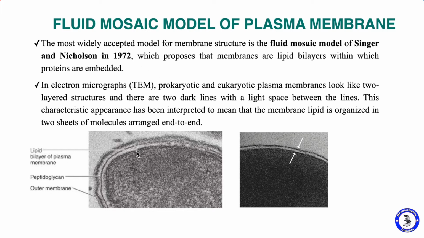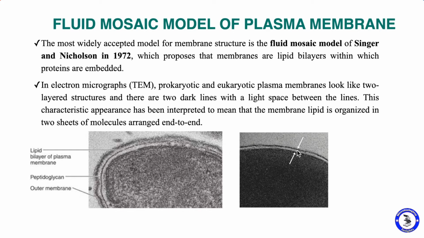Electron microscopic studies showed that the prokaryotic and eukaryotic membranes are made up of two layered structures. You can see the two dark thick lines here, and between these two lines you can find one white space, but it is not clearly seen here.